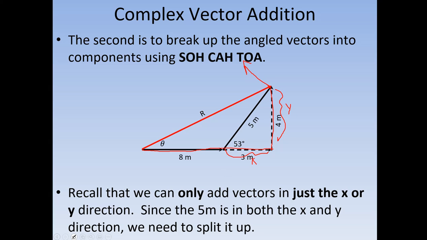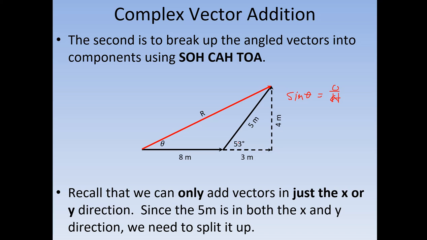All right, so clearing this, so if we break up this 5 meters, we can use SOHCAHTOA to figure out that it's 4 meters tall and 3 meters to the side. Recall that with SOHCAHTOA, sine is equal to opposite over hypotenuse.